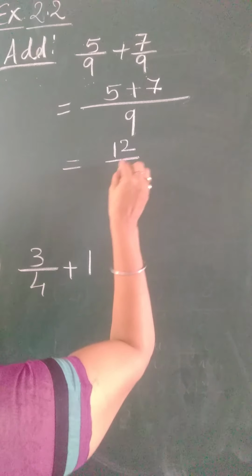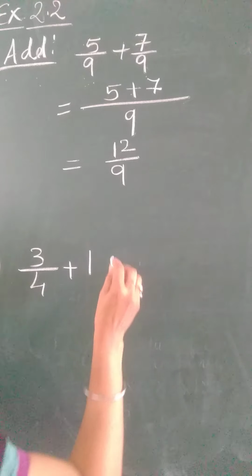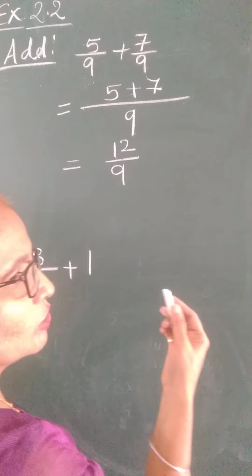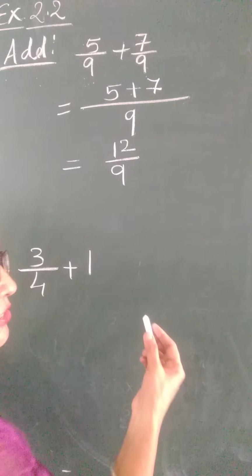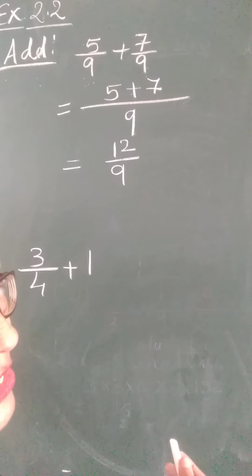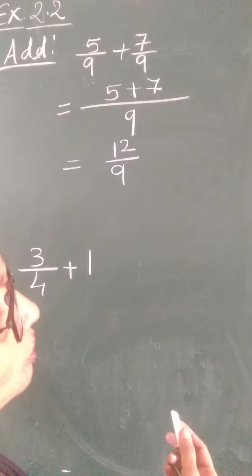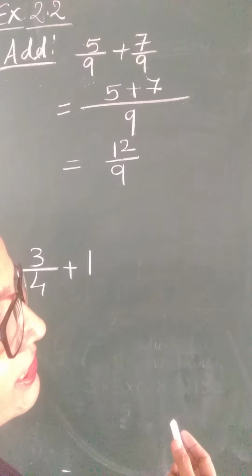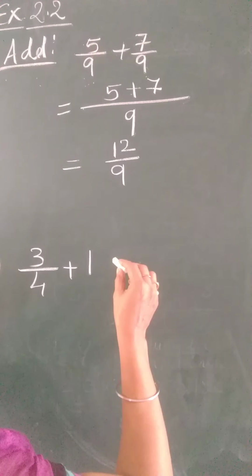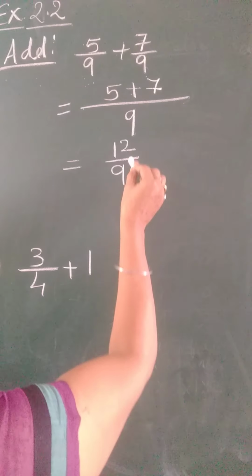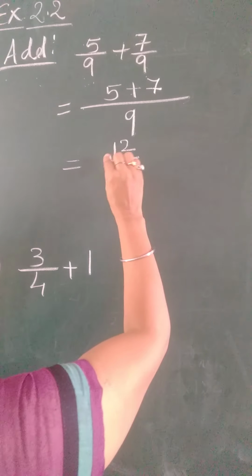12. 12 by 9. Now this 12 by 9 you have to convert into lowest form, and I already explained to you what is meant by lowest form. To convert into lowest form you have to find its HCF, or you can cancel, meaning the numerator and denominator are divisible by 3.